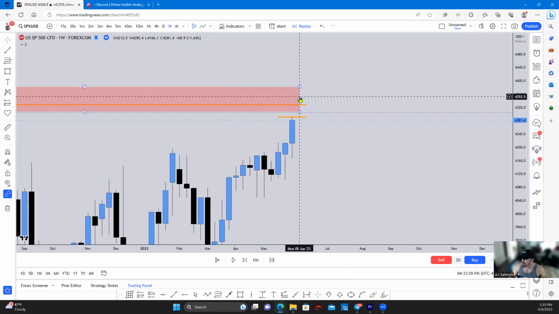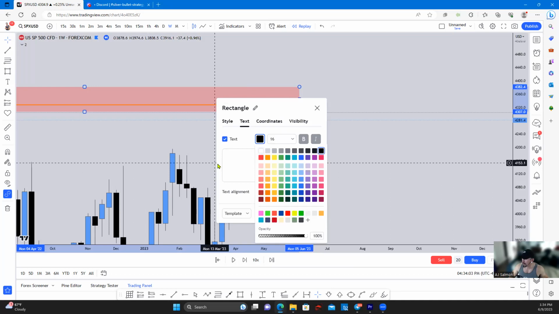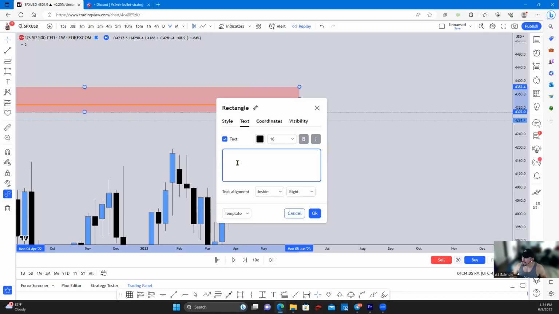Okay. So we want to mark these off and note all of your, we call them PD arrays, meaning premium and discount arrays or points of interest, right? So PD arrays. So weekly fair value gap.